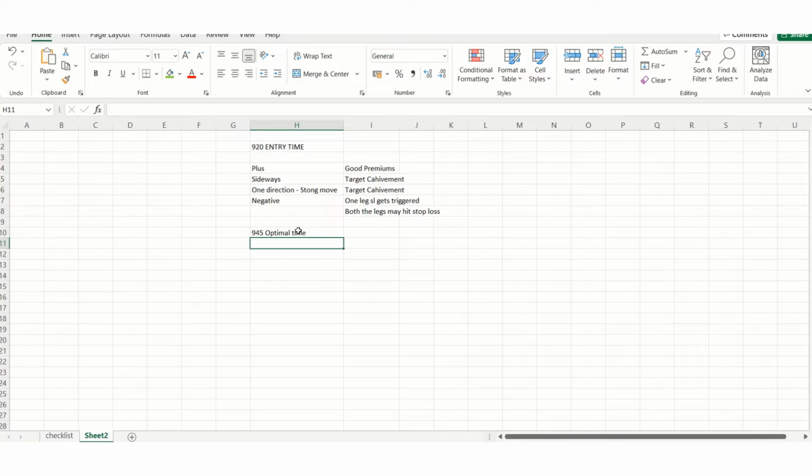The disadvantage in this strategy is a little bit that we may not get the best premium rates, okay, but we are ready to give away that, because we want to be safe and we want to take an entry after the market settles, okay.